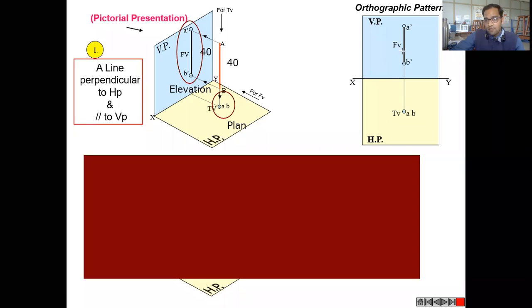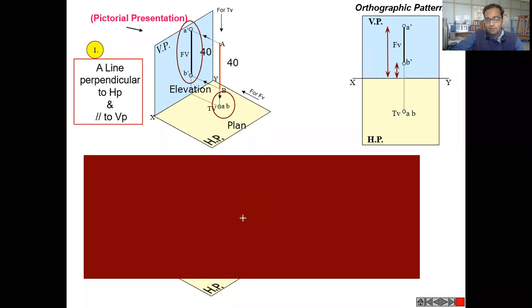So line AB, when it is presented, we are going to have B dash 10 mm from the reference. Let us place that information also so that you can understand it. This B dash is going to be at 10 mm. This A dash is going to be at 50 mm.